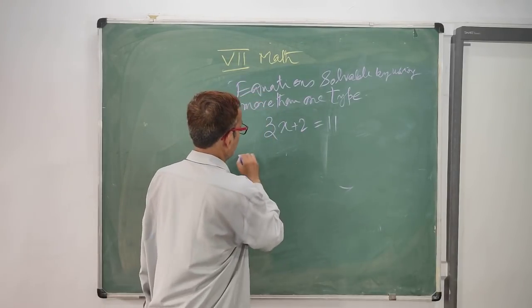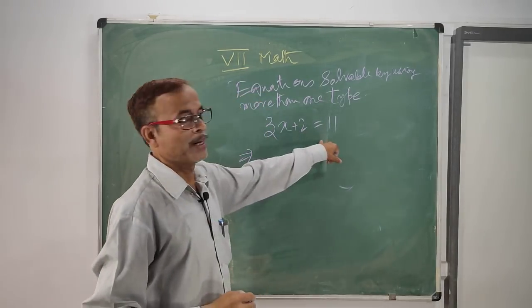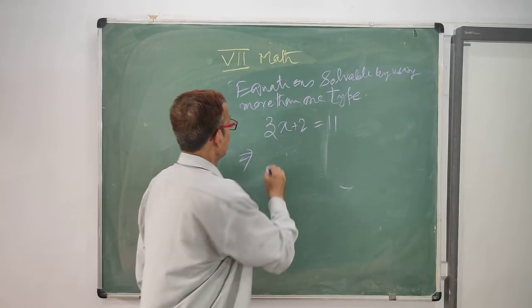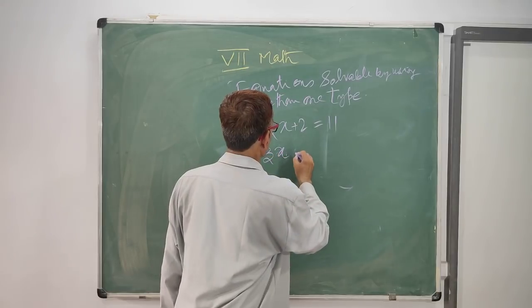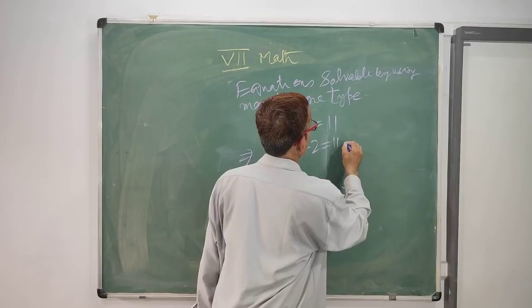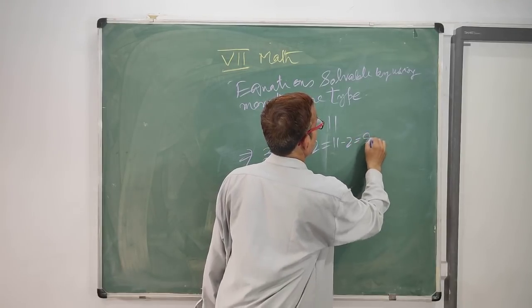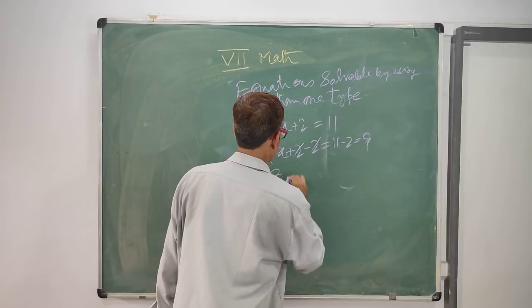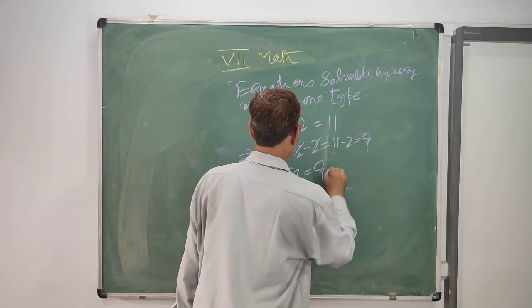Here first you subtract 2 from both sides. So 5x plus 2 minus 2 is equal to 11 minus 2, which is equal to 9. Then 5x equal to 9.